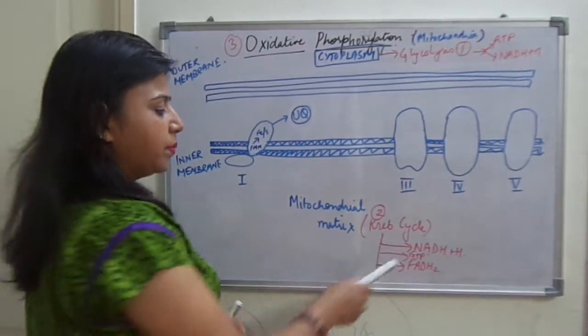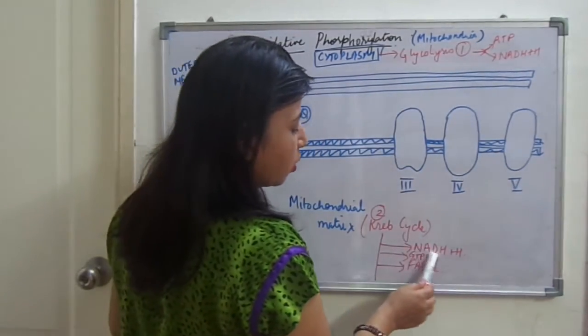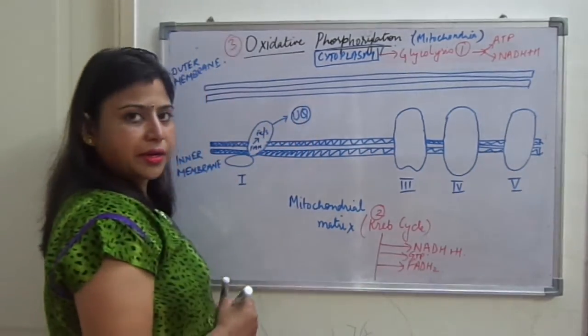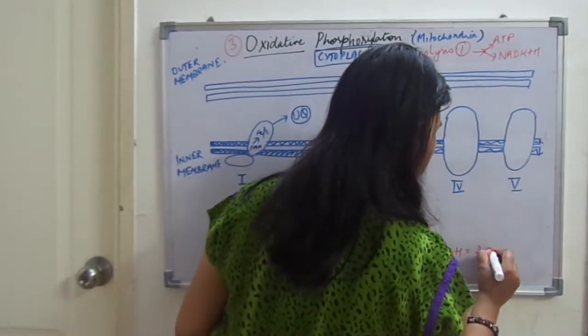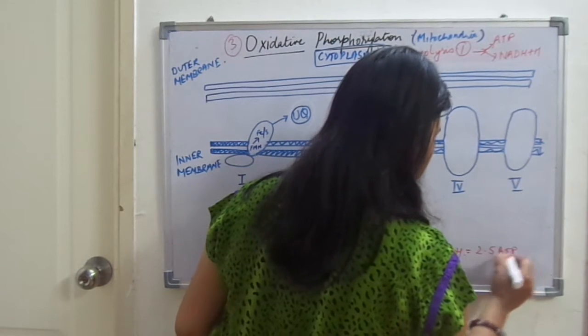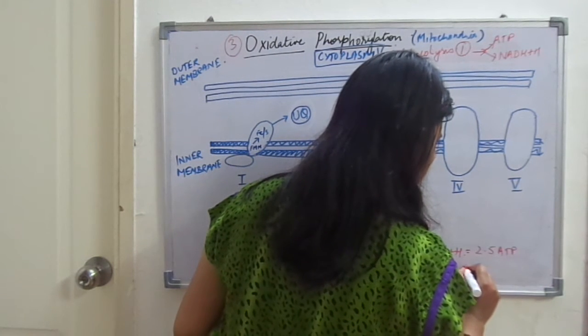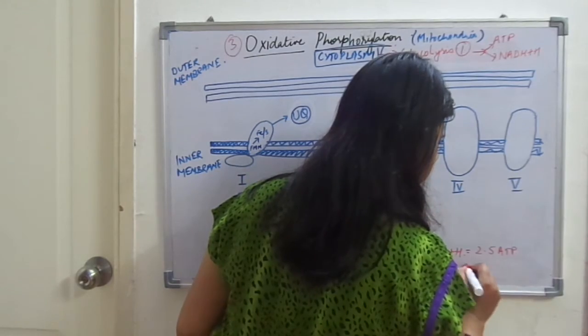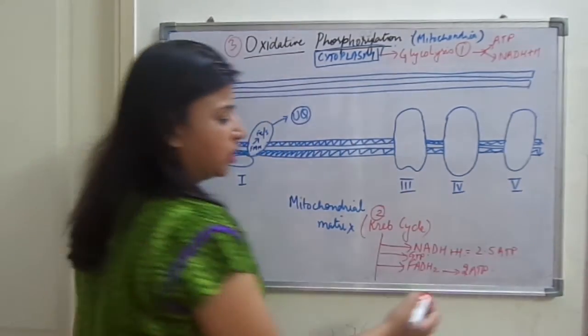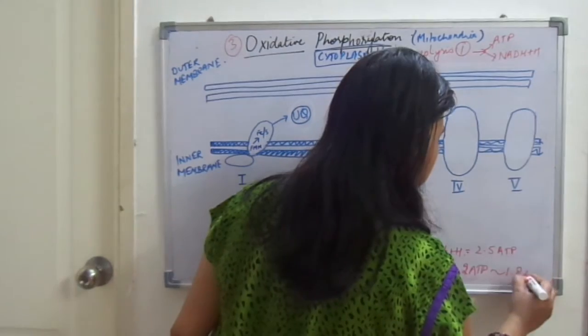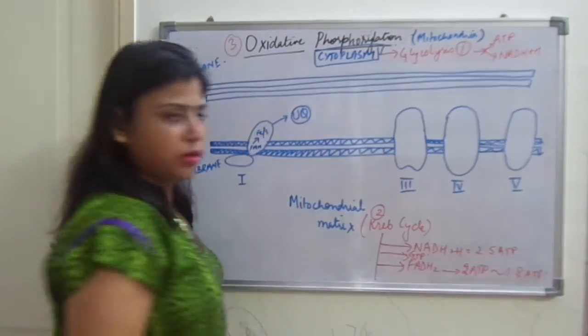Right. Now ATP, GTP is okay, but what about this energy equivalence? One NADH molecule corresponds to about 2.5 ATP and one FADH2 corresponds to around 2 ATP, or you can say 1.8 ATP somewhere. This type of molecule is produced.